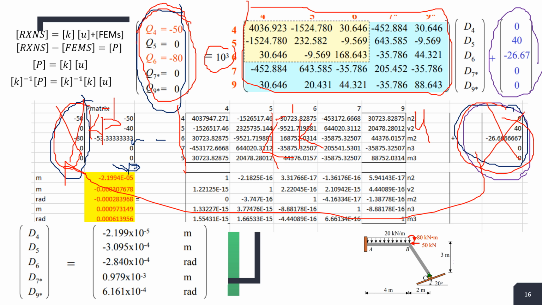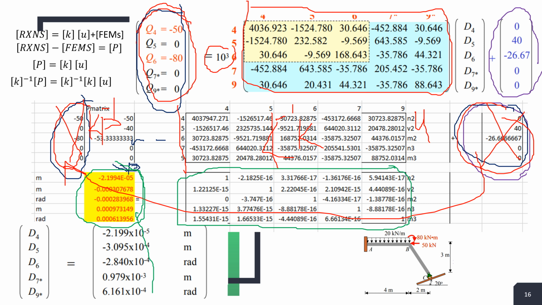Of course, if you multiply K by K minus 1, you get an identity matrix, as you can see. So this is actual proof that what we're doing is correct. And the answers you can check for yourself, I think it is self-explanatory versus the expected answers. So this is proof that the code is giving the correct answer.